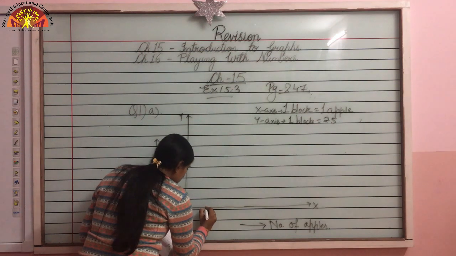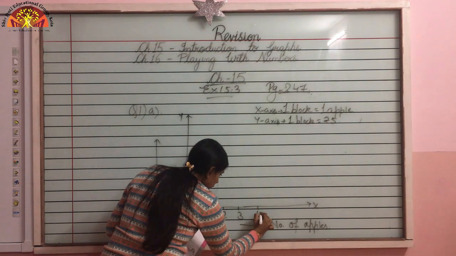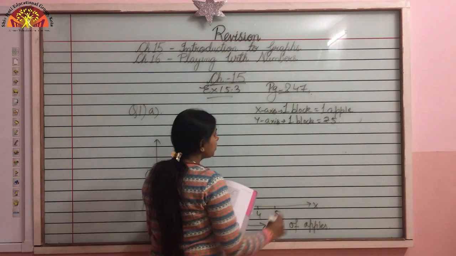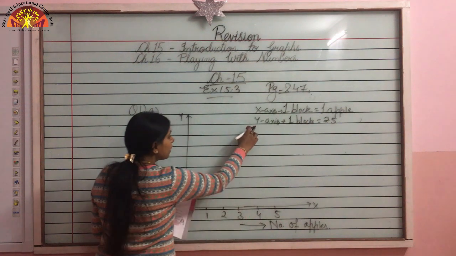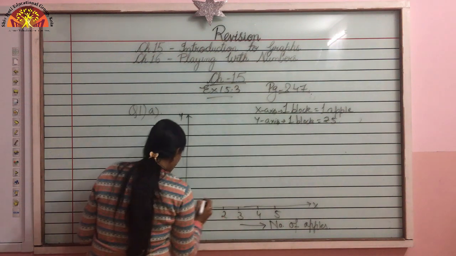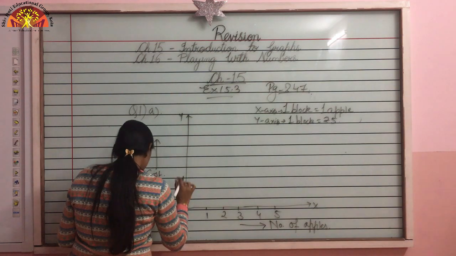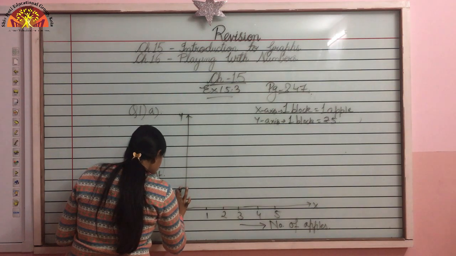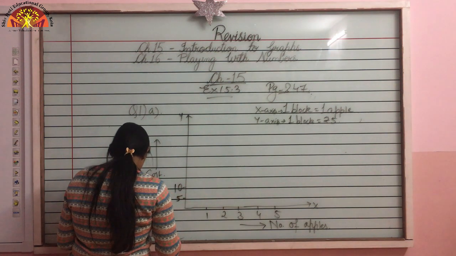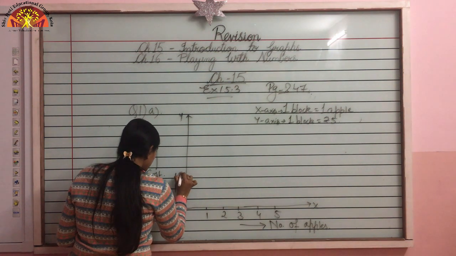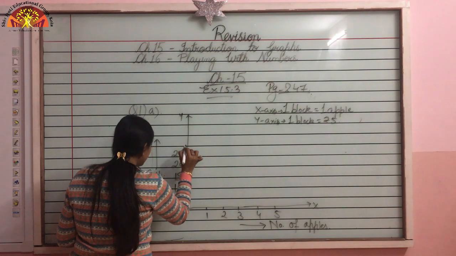Now 1, 2, 3, 4, 5, because I have taken 1 block equal to 1 apple. Now on the y-axis 1 block is equal to rupees 5. So 5, 10, 15, 20, and here it is 25.